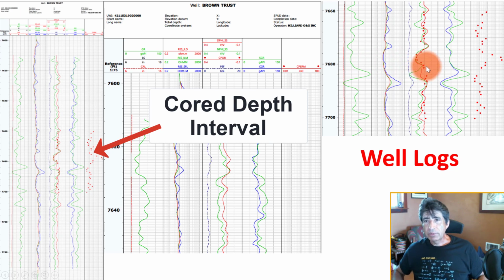So there are very important features that we can recognize from logs, but those features also need to be recognized with core data, and that's the reason why depth matching is such a very, very important endeavor when we do core log integration.